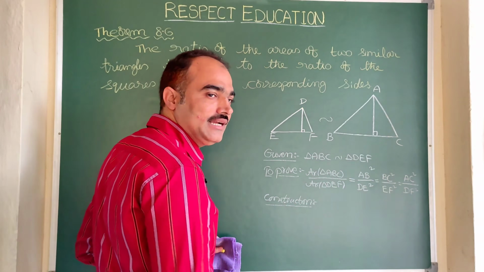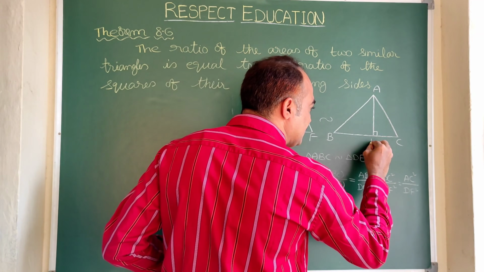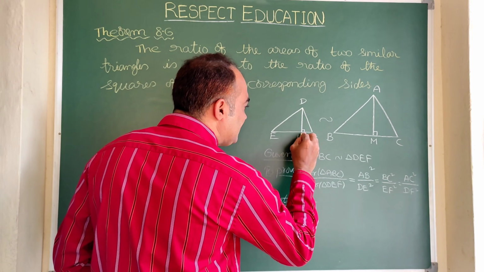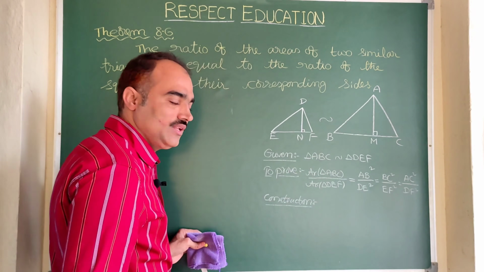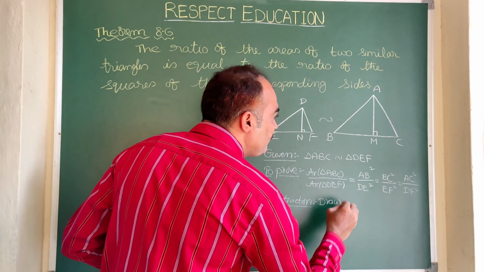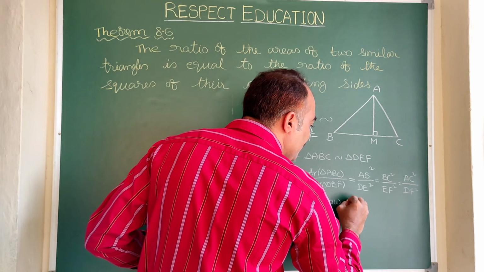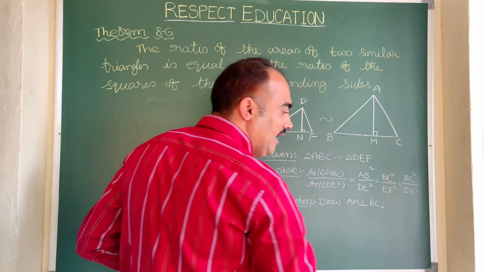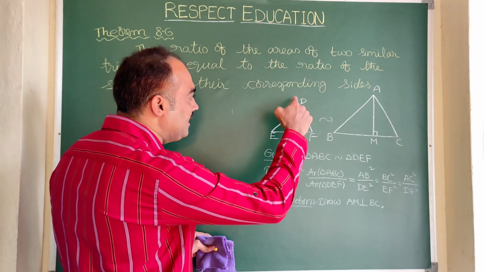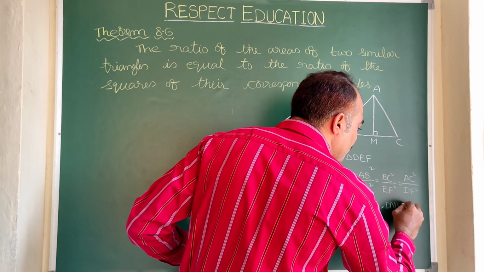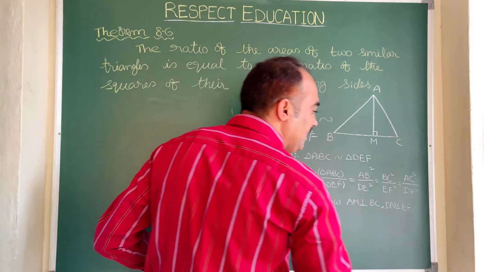So let us take this perpendicular as AM and this perpendicular as DN. So let us write the same in the construction. Draw AM perpendicular to BC and DN perpendicular to EF.